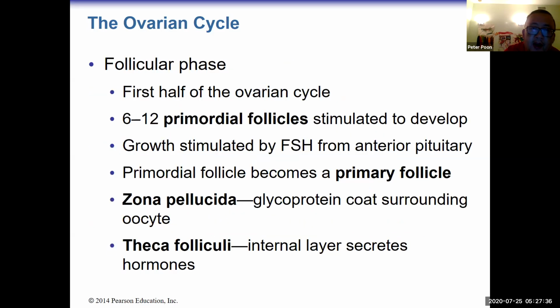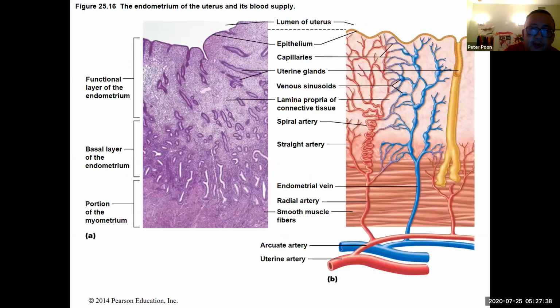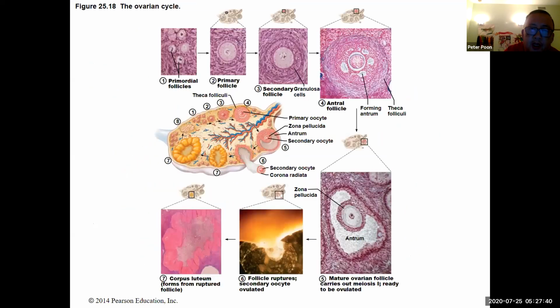Let me show you what happens after ovulation. See the structure right there that released the egg. After that structure releases the egg, it turns into a yellow body, the corpus luteum. The corpus luteum will start secreting massive amounts of progesterone.